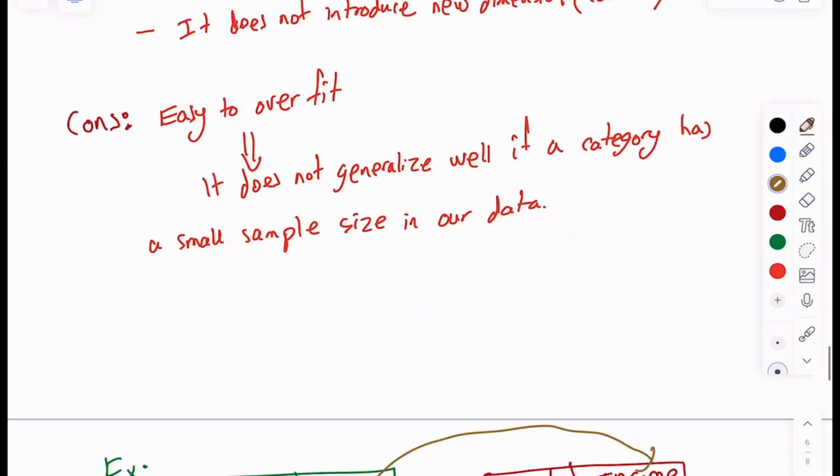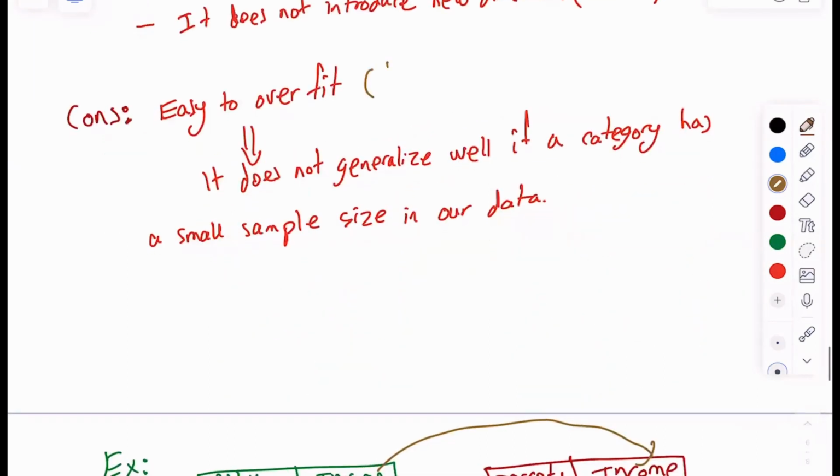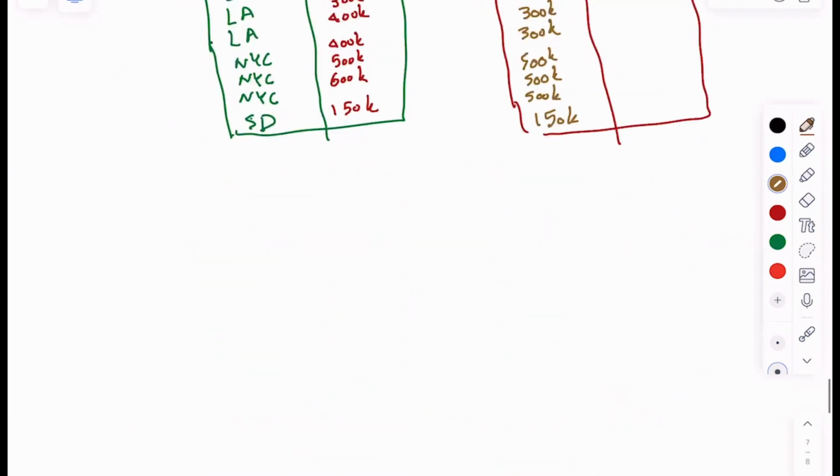What can you do to combat that? To combat this, you can use smoothing, like Laplace smoothing, or oversampling, something like this. So you can combat this problem. Overfitting is the main problem.